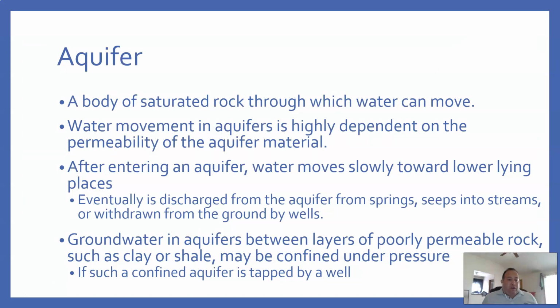When we have water in the ground, that's stored in an aquifer. An aquifer is just a body of saturated rock through which water can move. Our water movement in the aquifer is highly dependent on the permeability of the aquifer material, which we talked about before. Most of these areas are going to be our C layer, weathered bedrock, or parent material.